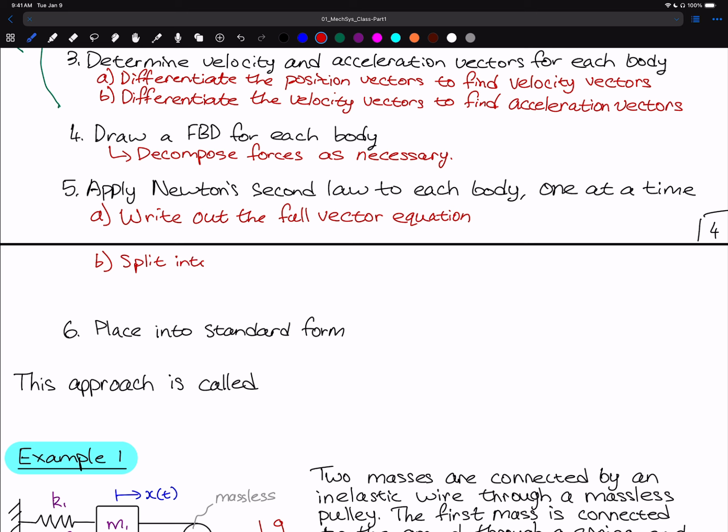So split into components. And then third, for this step, we are going to simplify as much as possible. And then from there, we're going to put this into a standard form.